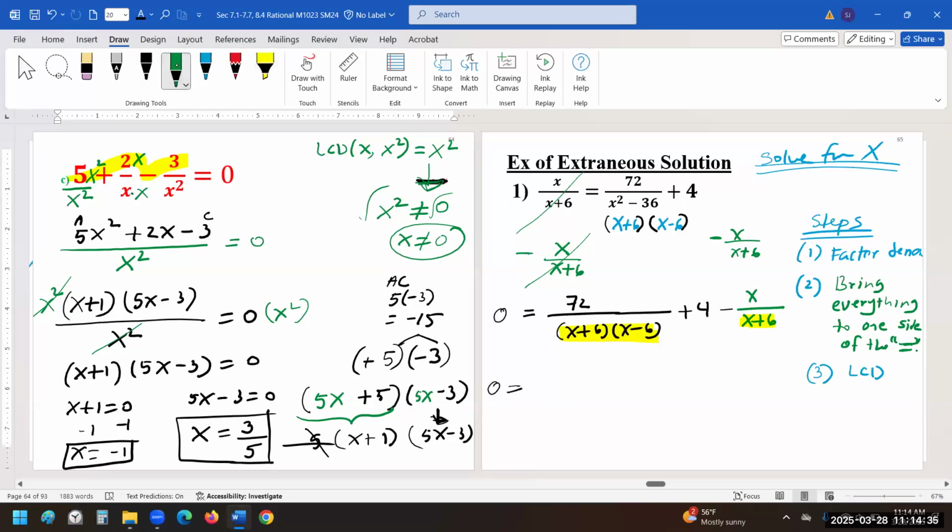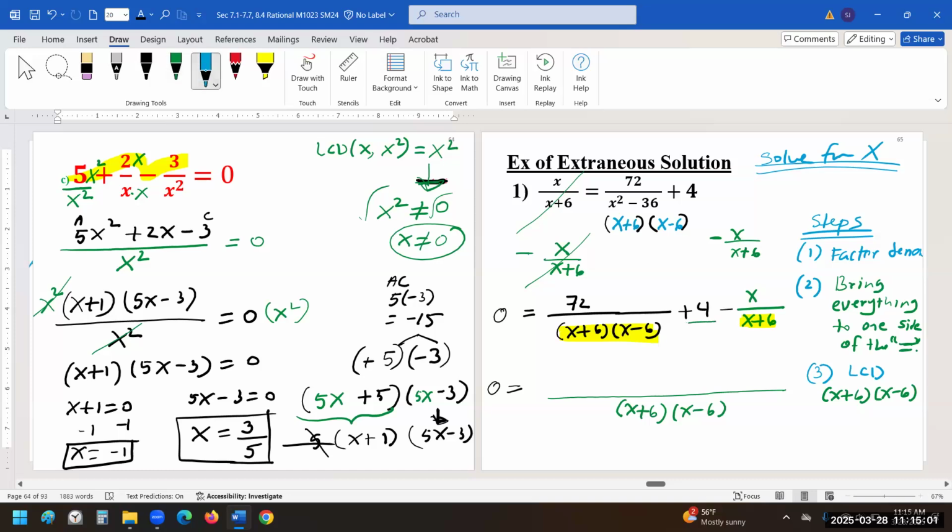Also, yep. So LCD is x plus 6, x minus 6. Both of them. So we want x plus 6, x minus 6 under every denominator. First denominator already has it. We are happy.